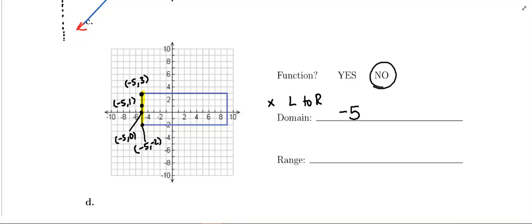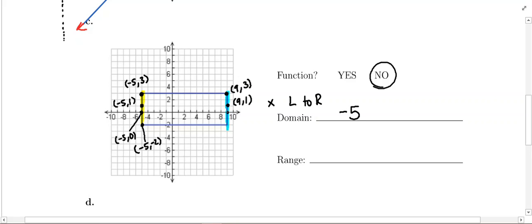Then you want to find the rightmost points on the rectangle. That's going to be this blue segment. All the points on the blue segment are tied for the rightmost point on the rectangle. I'll do the same kind of thing. A few points on this blue segment: this point has coordinates (9, 3). This is (9, 1). This is (9, 0).